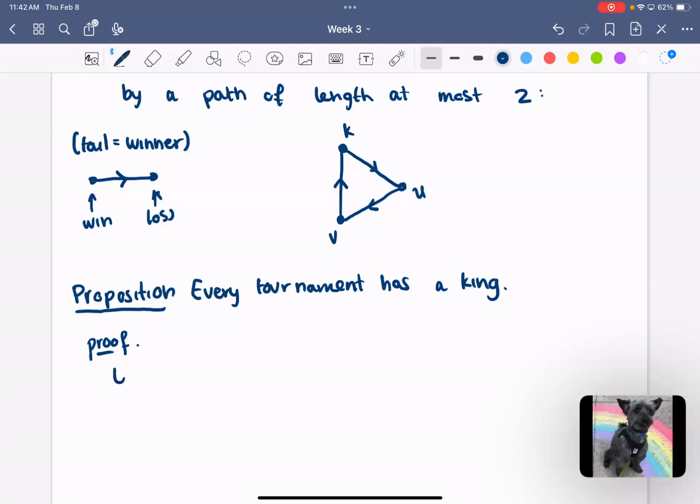Let X be a vertex in a tournament. If X is not a king, then there is some vertex Y which is not reachable from X by a path of length at most 2.